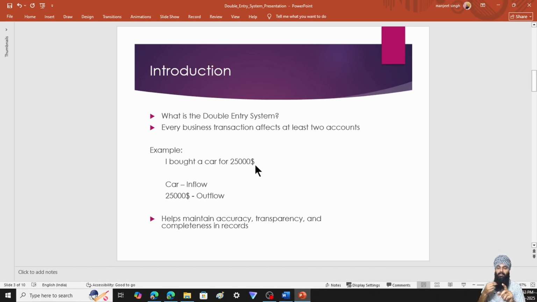The car comes in, meaning the car is an inflow; it comes into the business. For example, I mean a company, right? The car is an inflow which comes into our business, so it is a debit. That is why we debited the car. And the counterpart is the $25,000 that goes to the vendor, goes out of the business. That is why we credit that account, right?